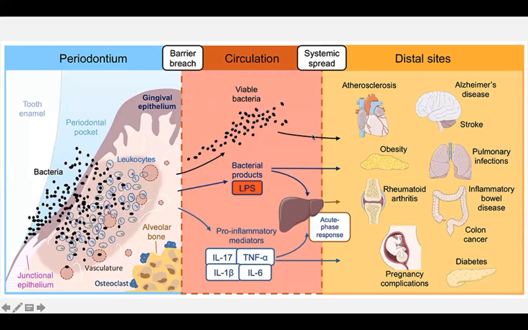Once in the circulation, from the liver or directly, they travel to distal sites or peripheral organs, causing atherosclerosis, emboli, Alzheimer's disease, stroke, pulmonary infections and empyema, especially in Vincent angina, where it is one of the major complications. Rheumatoid arthritis, inflammatory bowel disease and diabetes are also associated, and pregnancy-induced gingivitis you already know.